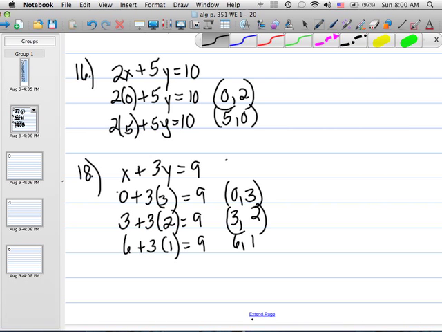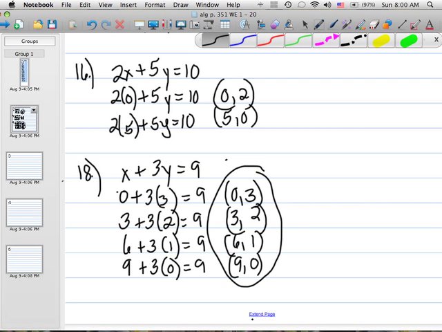So the ordered pair of 6, 1 works. 7 wouldn't work because I would need a 2. No way to get that times 3. 8 wouldn't work. I'd need a 1. There's no way to get a 1 with 3 times a whole number. And then I'm at 9, and I can get that to work if I let y be 0. So 9 and 0 work. And then when I get to 10, that's too many. That's past 9.